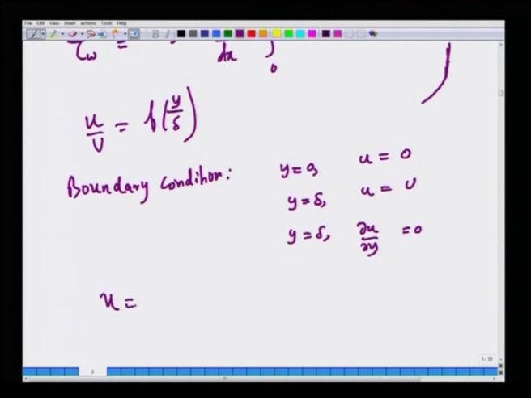So, once you assume a function for u that satisfies all this, let us assume u is a polynomial of the form a plus b y plus c y squared. You have 3 unknown constants a, b, c, and you have 3 equations.